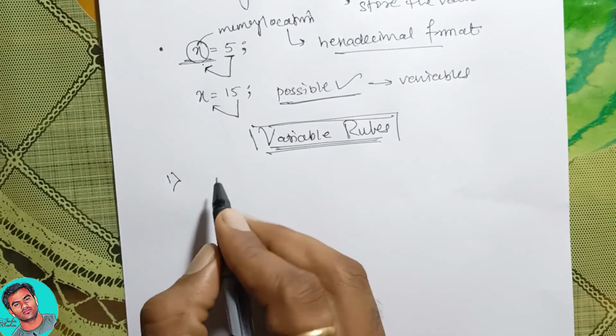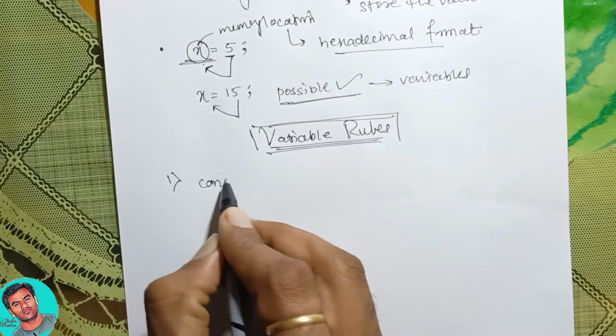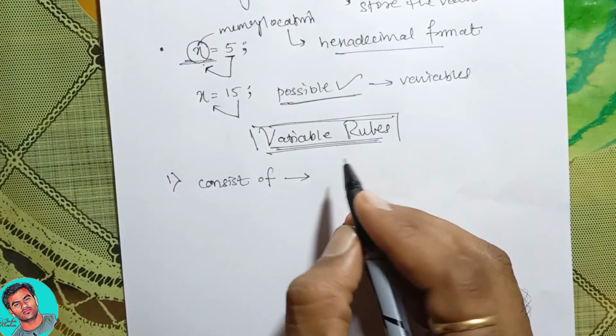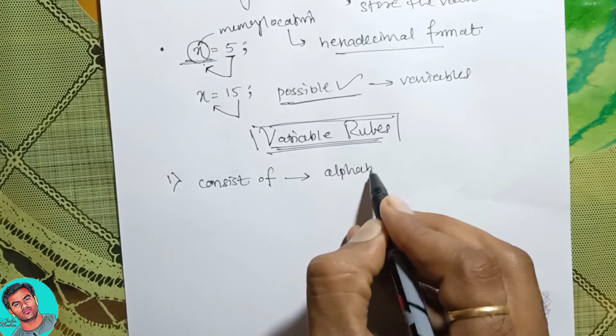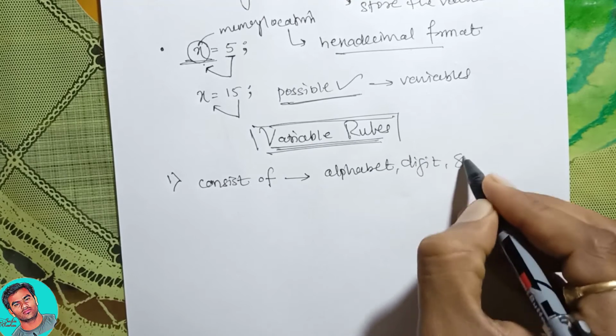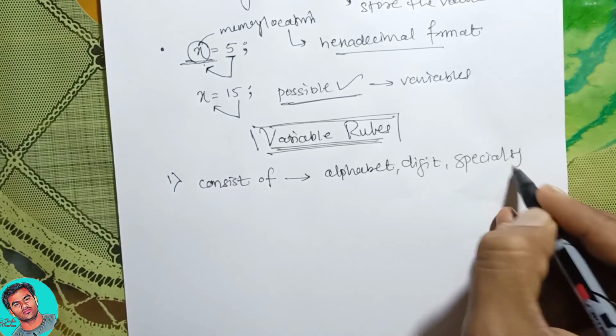So the first rule is: a variable consists of alphabets, digits and special symbols, as we have already seen.